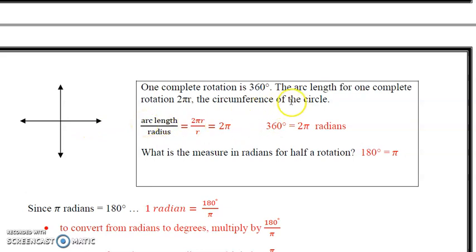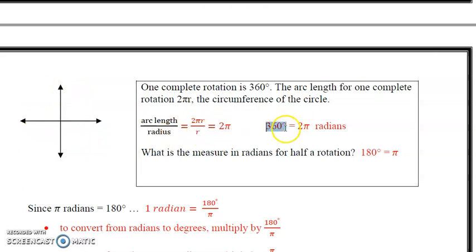All right? And we know that for 360 degrees, the arc length for one complete rotation, as you guys know, is the circumference, right? The circumference of a circle is pi d, or 2 pi r. So I take the arc length for a whole rotation, which would be 2 pi r, that's the circumference, I divide it by the radius, and I get 2 pi.